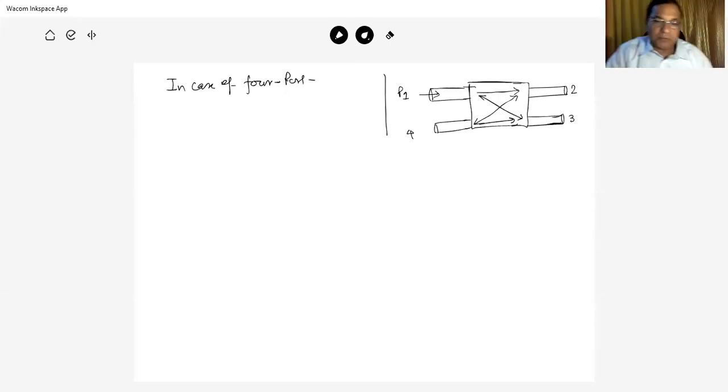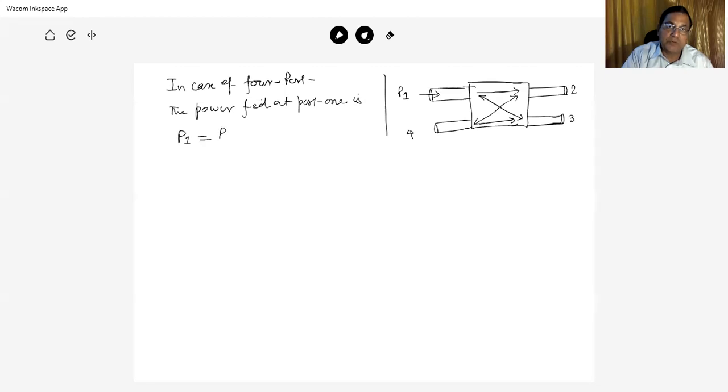So the power fed at port 1 is P1, which is equal to P2 plus P3. This is P2 power, here it is P3 power.